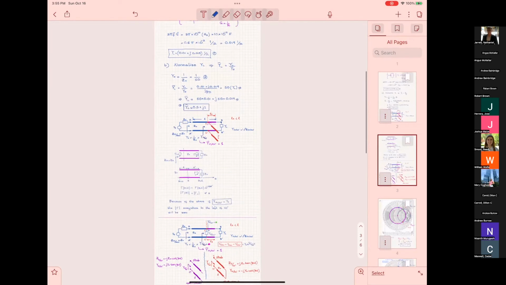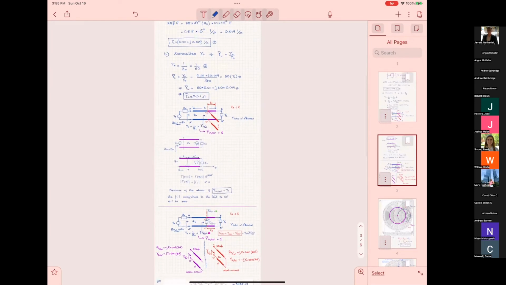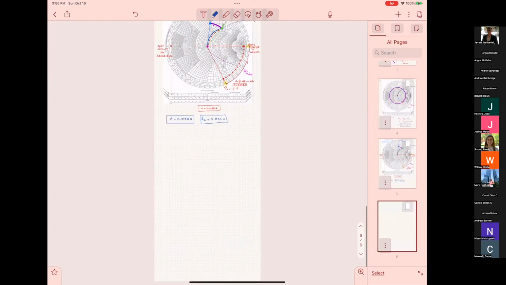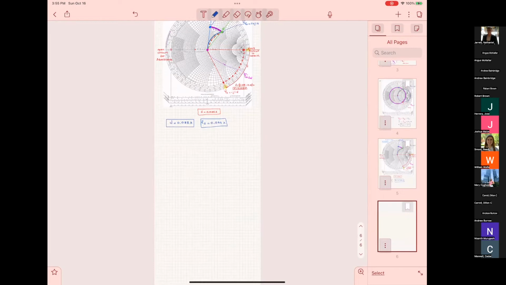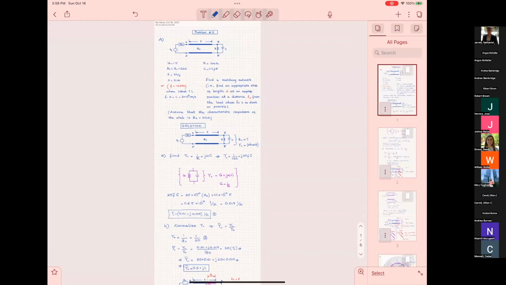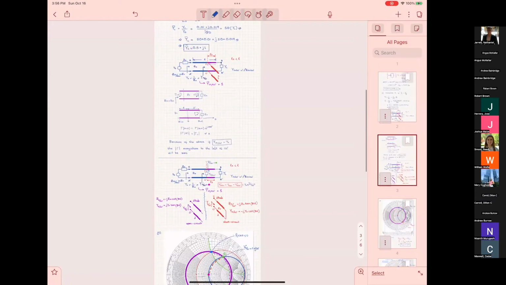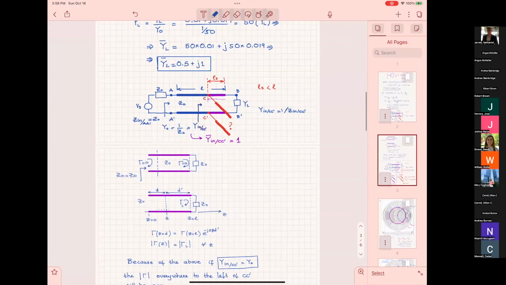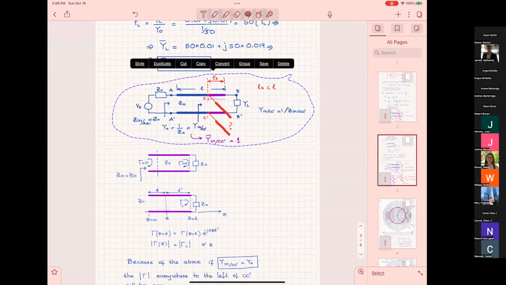Okay, let me see what else. Now, if I were doing a different problem, I would say, okay, now I have the following circuit. I will take this now since we have designed it. That's a different problem now. It's not the same part of the same problem, but since I have the circuit, I'll take it.